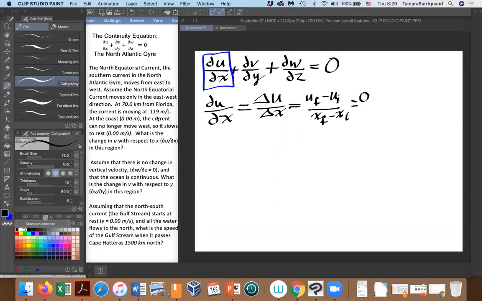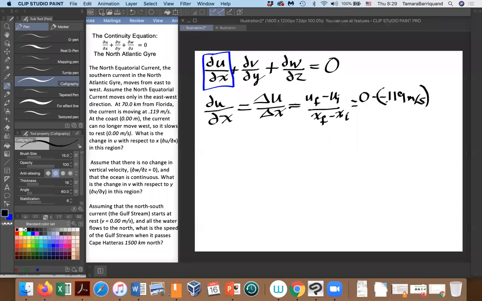Now my u initial was 0.119 meters per second, but that was the magnitude. We have to remember that this current was moving from east to west, so it's going in the west direction, and the west direction is the negative x direction. So I'm going to do this as minus a negative 0.119 meters per second.